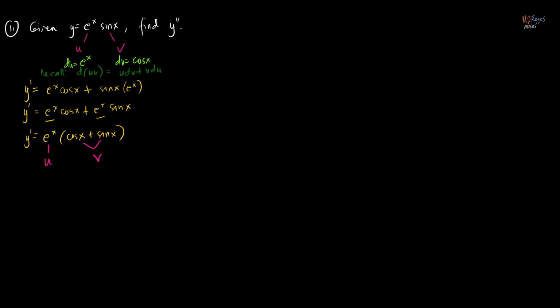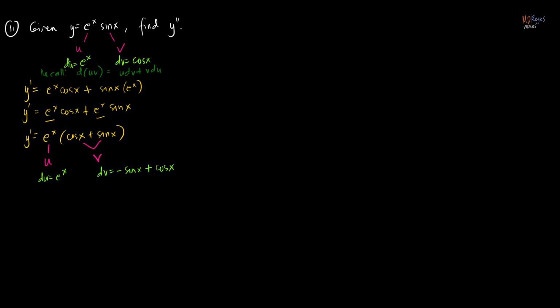Okay. So in that case, du is equal to e to the x again, while dv is the derivative of cosine of x plus sine of x. So the derivative of cosine of x is negative sine of x, plus the derivative of sine of x, which is cosine of x.